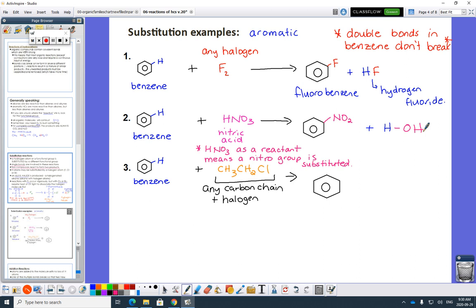So here, again, it's always going to be nitric acid. You do need to remember what nitro is, that's NO2. Then you subtract the N and two O's, and you're left with OH, which is water, okay? So then this becomes nitrobenzene and water.